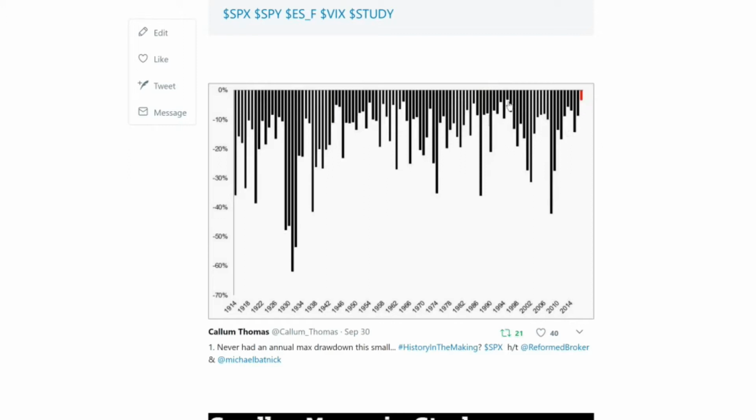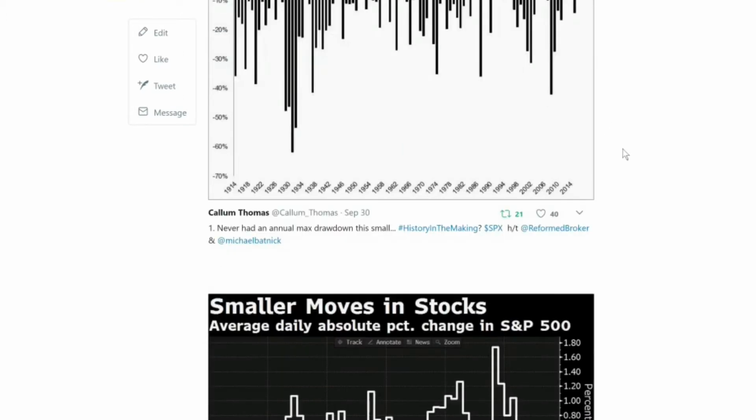I think that 94-95 period was slightly lower, but it's looking like it might be one of the lowest max drawdowns in history. So it's just another illustration of how extraordinary the current market environment is. Would note though that it's a year-to-date figure, and that could change substantially in the next quarter. May or may not.